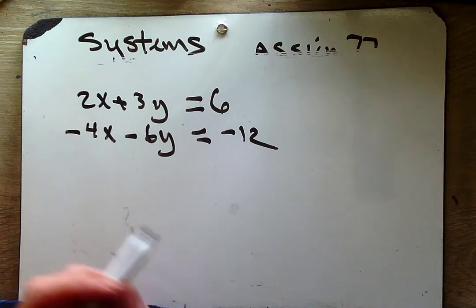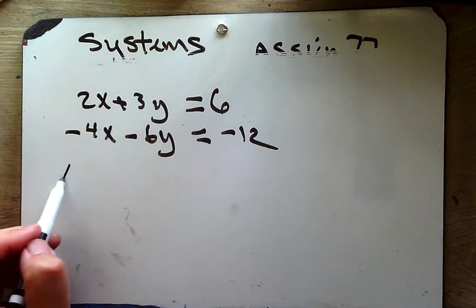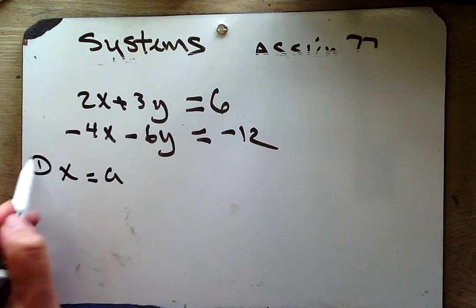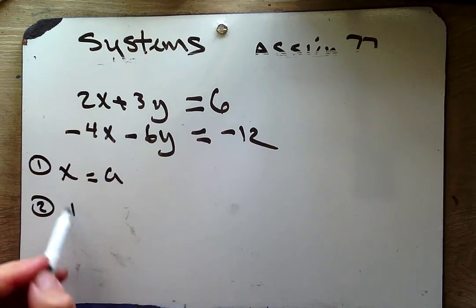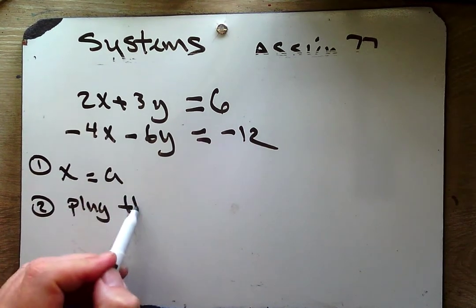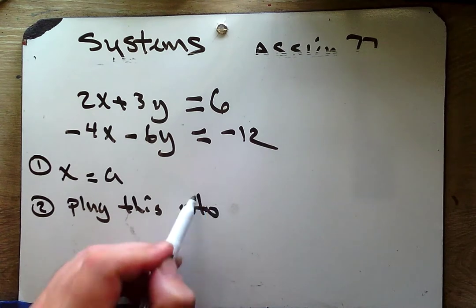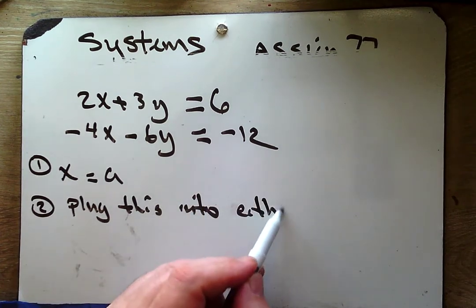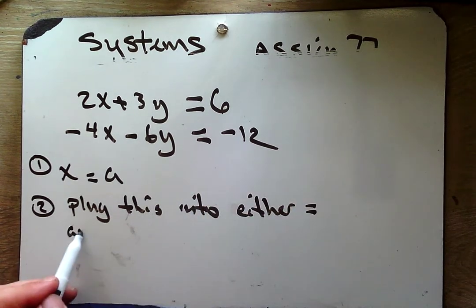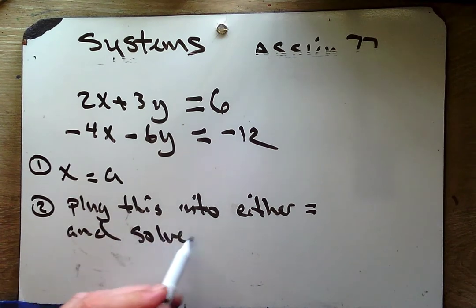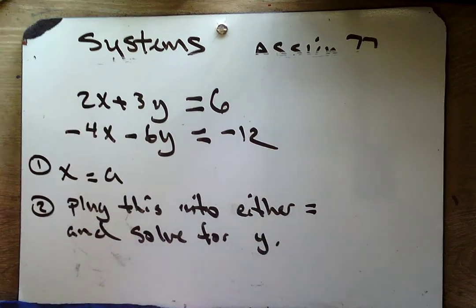Instead of writing infinite solutions, I'm supposed to say, step 1, x equals a. Step 2, plug this into either equation and solve for y.